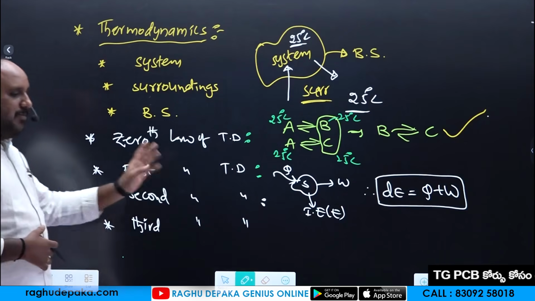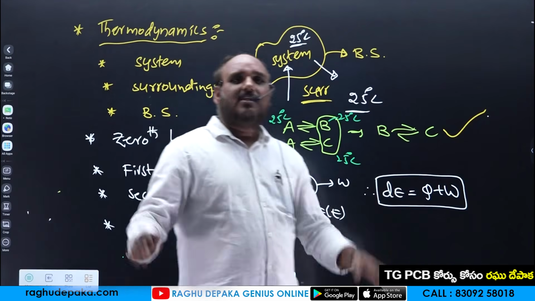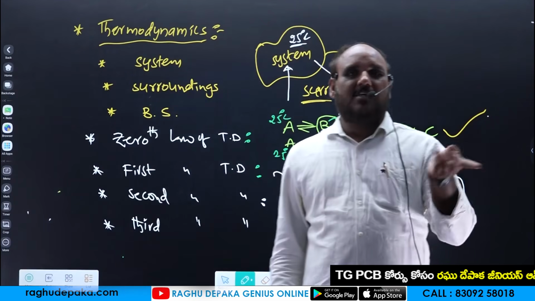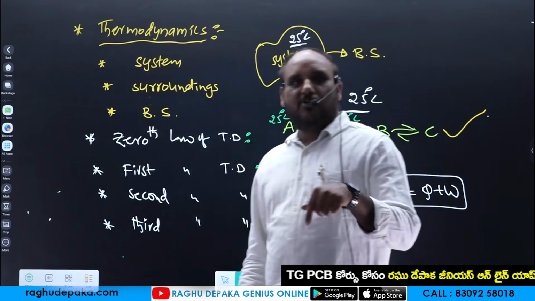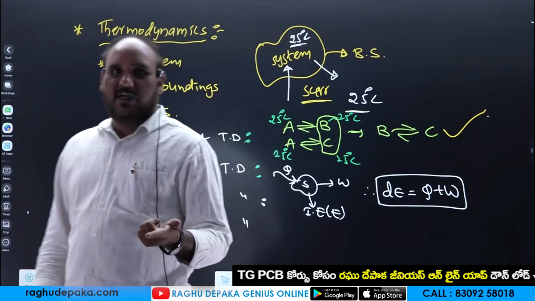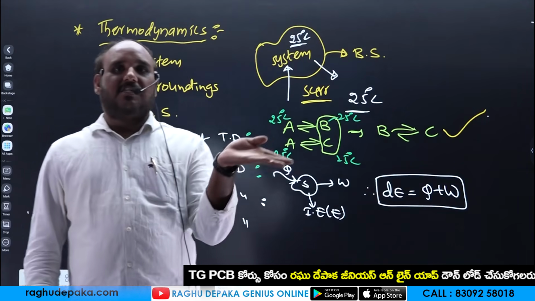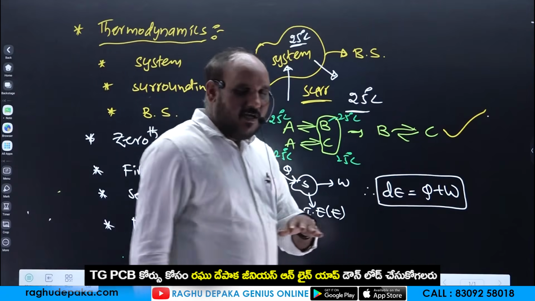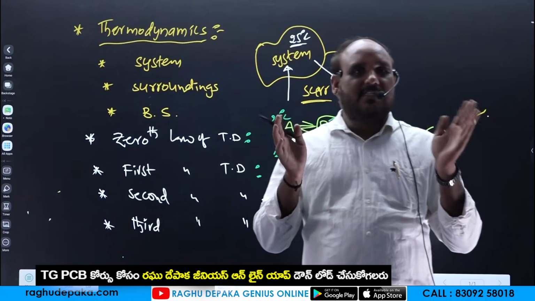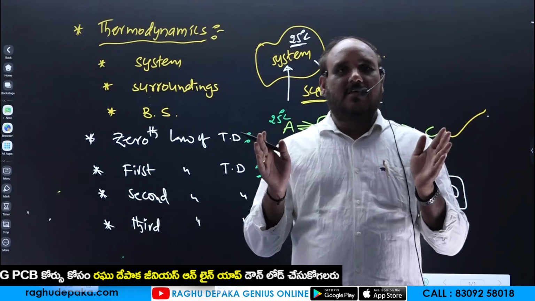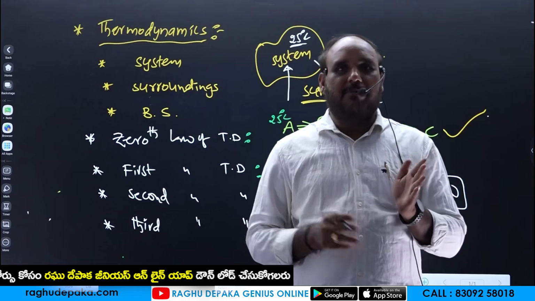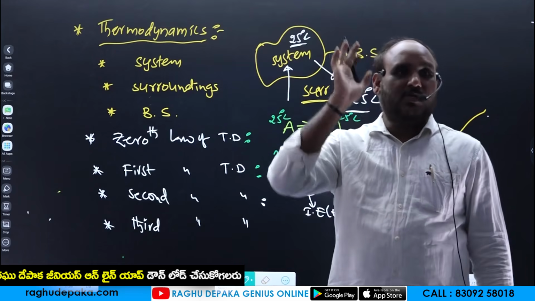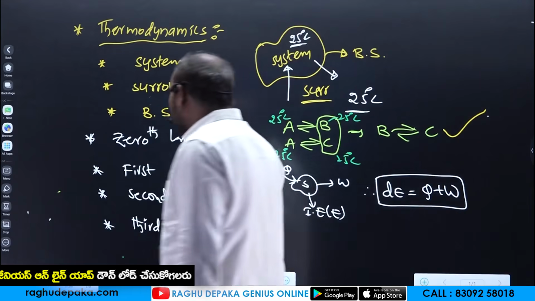How will the entropy change in various circumstances, like whenever mixing of ideal gases happens? How will the entropy change for the mixing of ideal gases? Then entropy changes during a chemical reaction, or when one phase is converted to another phase. Between the phases, one phase is converted to the other phase, right? So what will be the change of entropy?